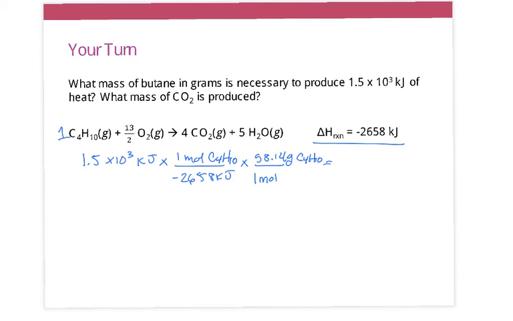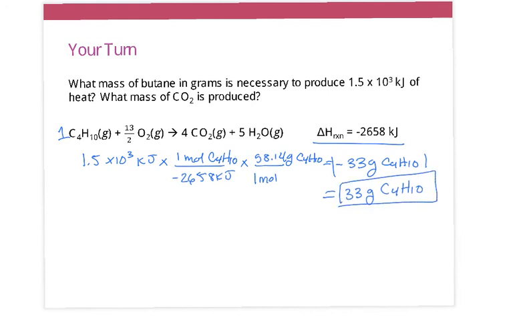And so this gives us negative 33 grams of C4H10. But don't report it like so, because we want to take the absolute value of that. Since this is mass, there is no such thing as negative 33 grams of butane. There's 33 grams of butane. So that's what you want to report your answer as.